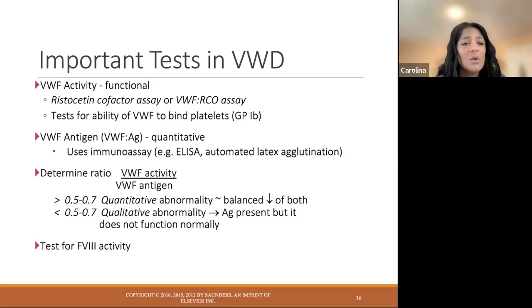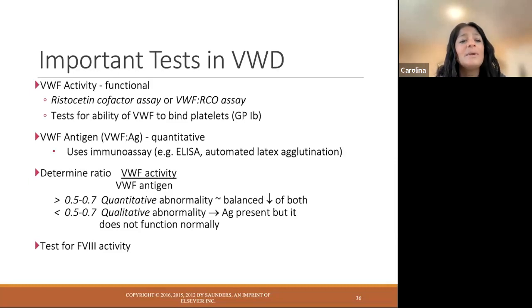And depending on the results, if the ratio is greater than 0.5 to 0.7, we may be dealing with a quantitative abnormality in which there is a balanced decrease of both. If it's less, it's a qualitative abnormality, okay? Because that would mean that the antigen is present, but it is not functional, if the ratio is decreased.